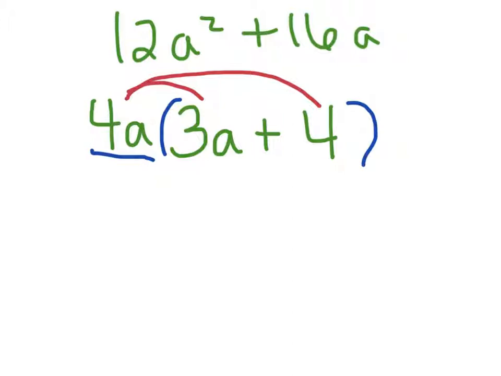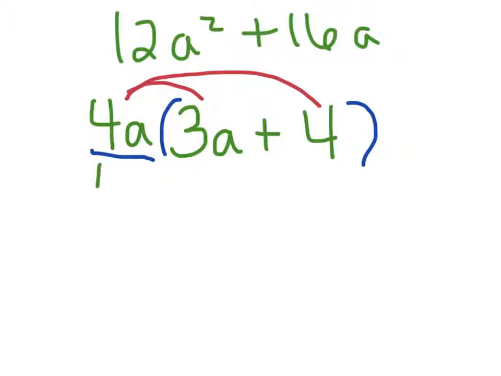So now we have our binomial factored into a monomial and a binomial. This and this are factors of this expression because when you multiply them together, they end up giving you this expression. Now please notice here that there are actually 3 different factors that we end up with.